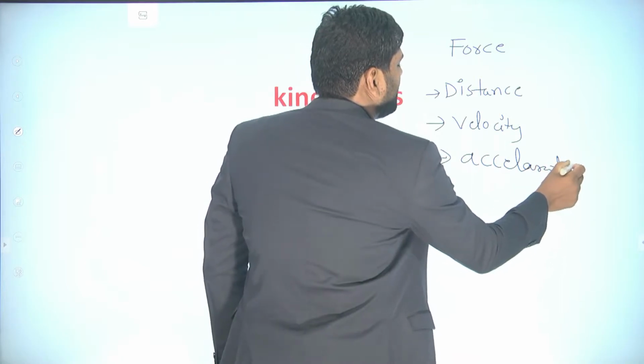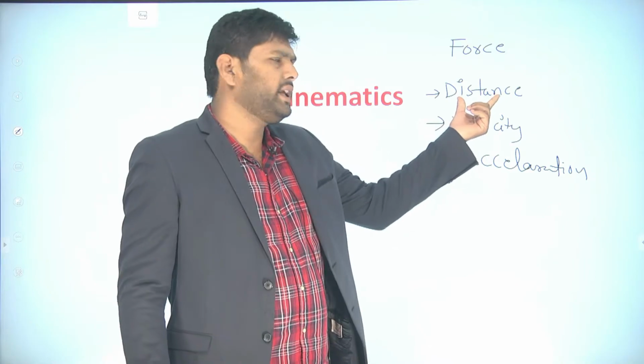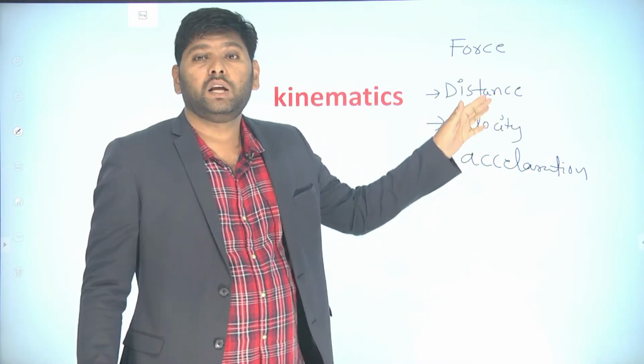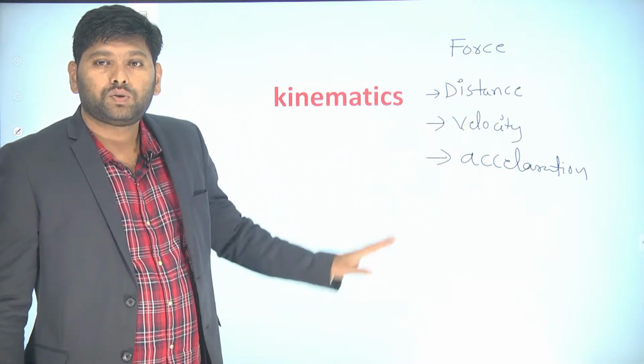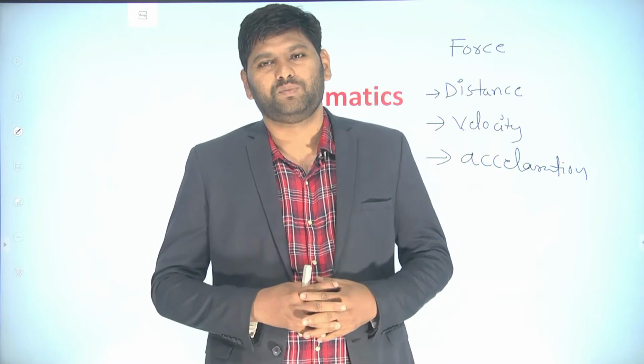These are the physical quantities we use to explain motion of the object. Here we can take displacement also, and instead of velocity, we can take speed. So these physical quantities explain the motion of the object.